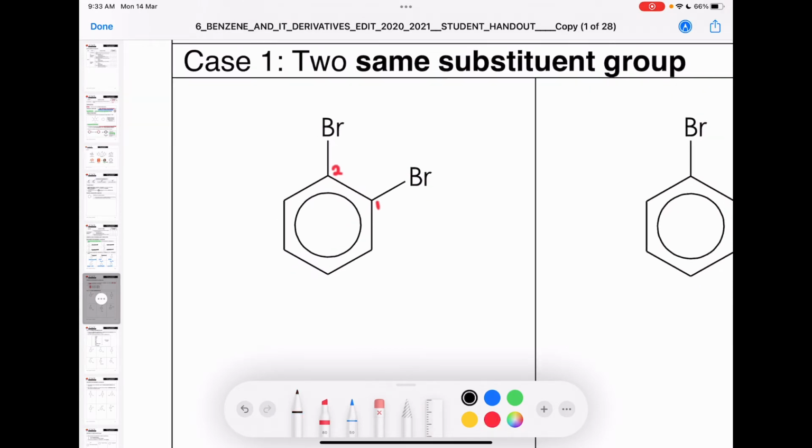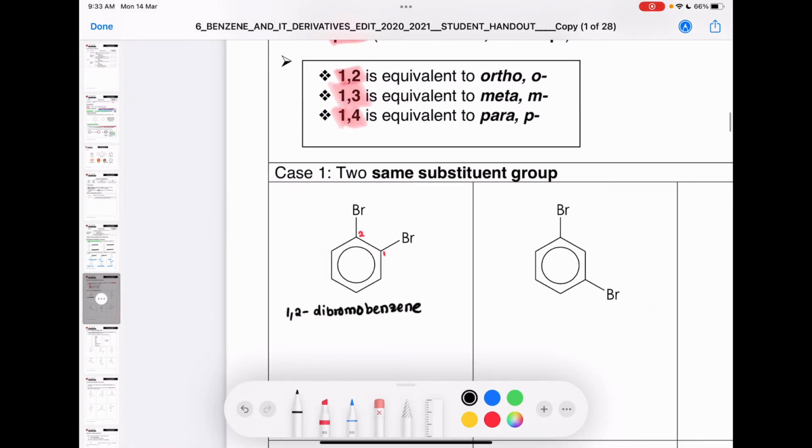Okay, so how are we going to name this? I will start by using the IUPAC name first, which is 1,2-dibromobenzene. Since the location is 1, 2, the prefix for 1, 2 is ortho.